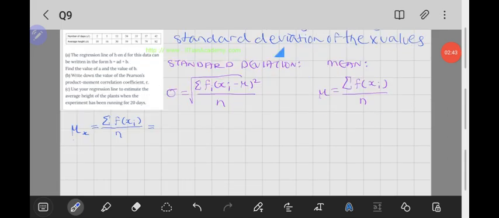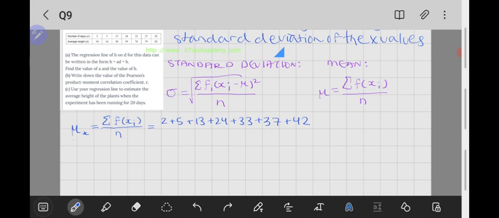Starting with our x values, we first have to find the mean. In the numerator, we find the sum of all our x values: 2 plus 5 plus 13 plus 24 and so on, plus 33 plus 37 plus 42.